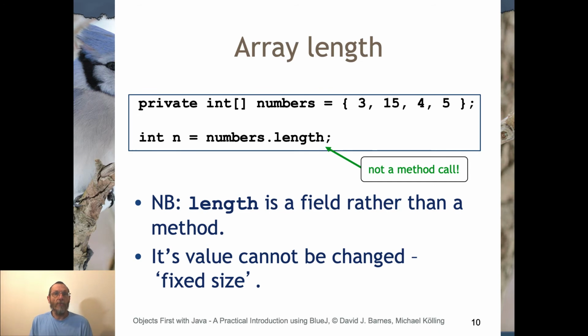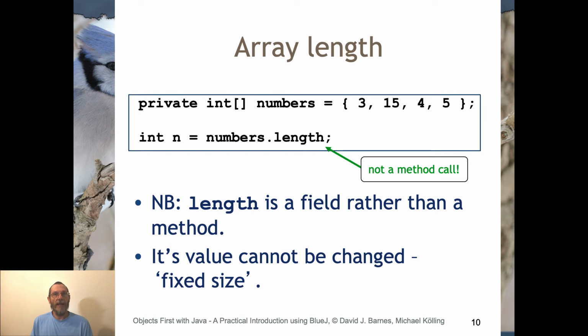You'll recall that with the array list type, whenever we want to find out how many items there are inside the array list, we call its size method. It's a different technique that we use for finding out the length of an array. So arrays have no methods. The way that we find out the length of the array is to directly access an instance variable that's part of the array object.